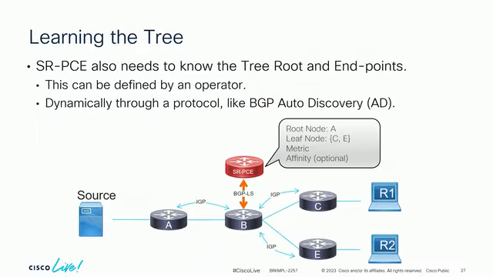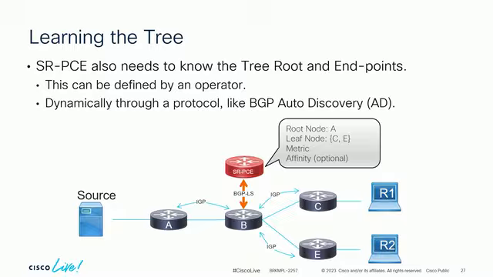Learning the tree. For a point-to-multipoint policy, the essential thing is to learn the tree details, which is the root node and the set of leaf nodes. For any point-to-multipoint tree, this can be statically defined. In case of deterministic use cases, we can precisely say, this is my root node, and these are the set of leaf nodes.